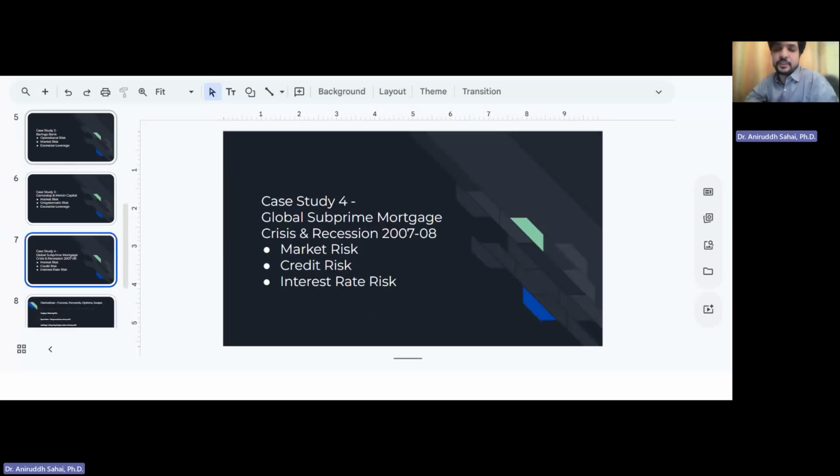And even the 2008 crisis is a reminder that all the different kinds of risks have to be dealt with very, very carefully from the perspective of different businesses, be it a small business or a large enterprise. Even if you're an entrepreneur starting your own new startup, you will have to be very careful about these various kinds of risk, including market risk, credit risk, interest rate risk, etc.